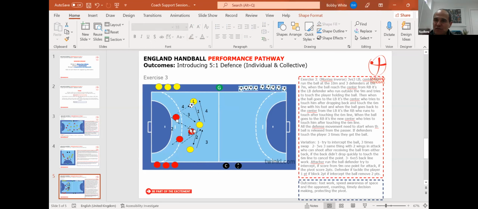It's not like the 5-1, how it works, but it's just for the movement, leg work, and then the gamification here. If they get touched 3 times, then they swap. So the attacker should run the ball quickly, and the defender should move and run, not laterally, so run and then go up, while the ball is running outside the 9 meters.